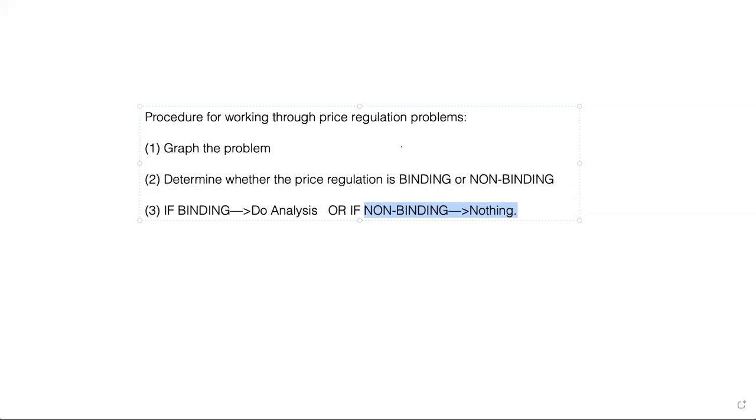A price floor is a legal minimum price, which means that the price has to be at that minimum level or above it. Our main example for a price floor is the minimum wage.